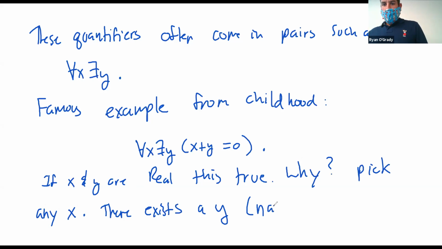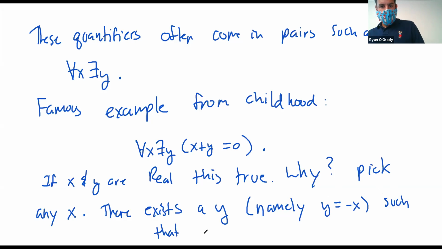What's the fancy word for y? Does anybody remember what this is called? When you first learn about numbers, you learn that every number has an additive and multiplicative what?